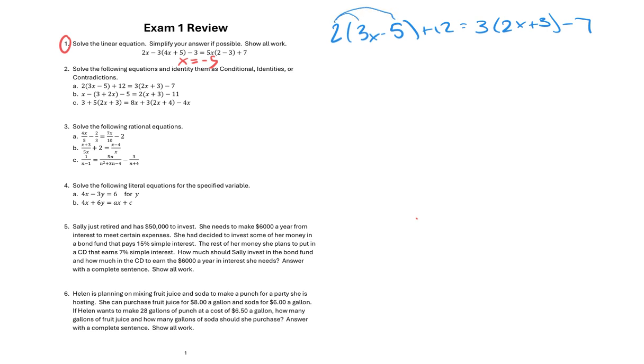So then we're going to have 6x minus 10 plus 12. And over here we're going to have 6x, distributing this 3, plus 9 minus 7. If we simplify these like terms, we're going to have 6x plus 2, and over here we're also going to have 6x plus 2. So we know that this is going to be an identity equation because the left side is equal to the right side.